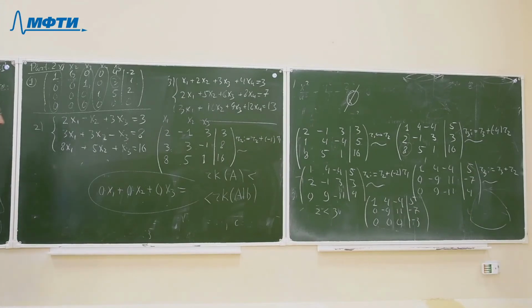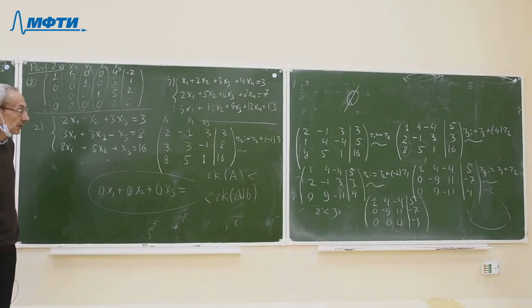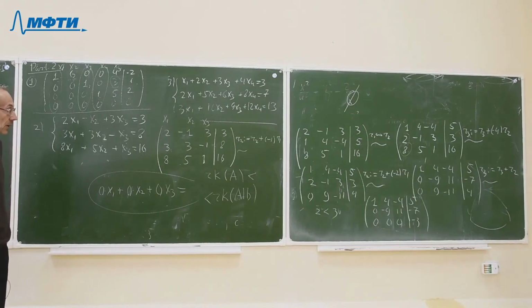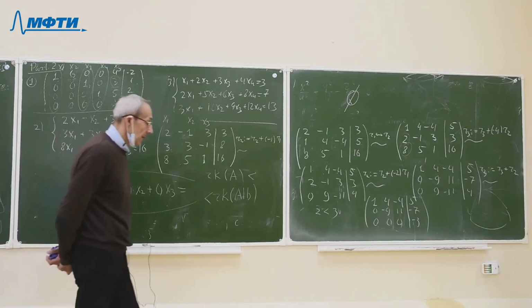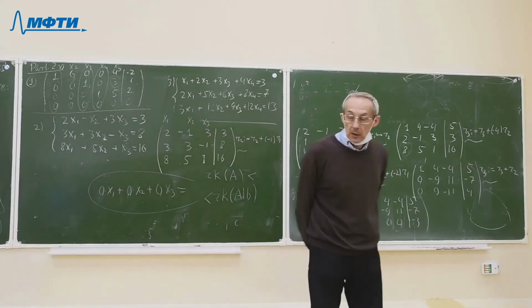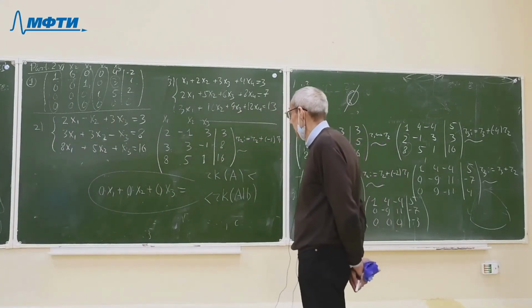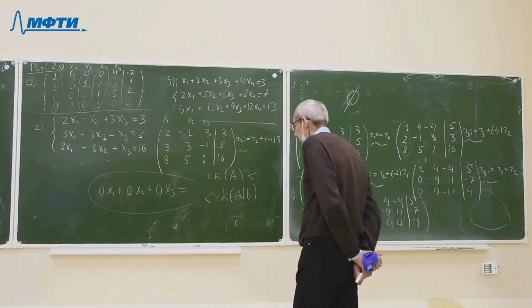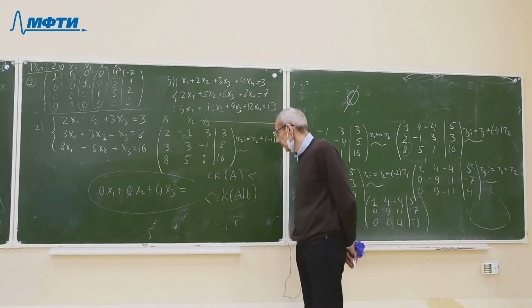Strictly speaking, the rank of an arbitrary matrix is the number of non-zero rows in the reduced echelon form of this matrix. And later we will strictly prove that this definition is correct.